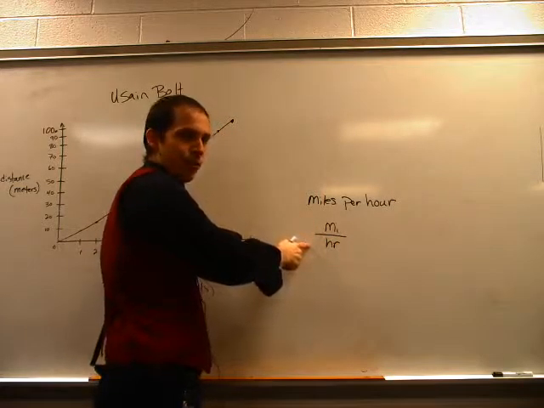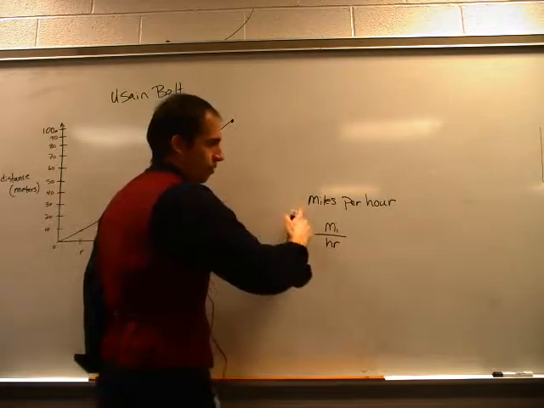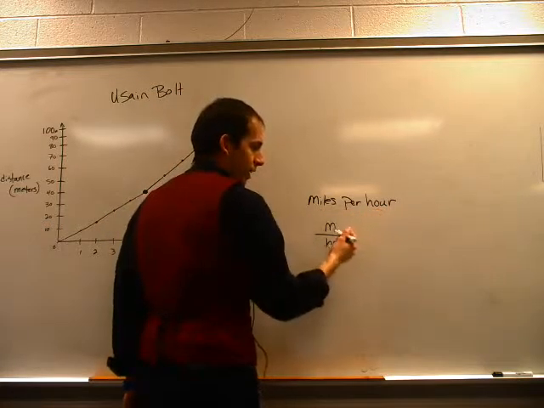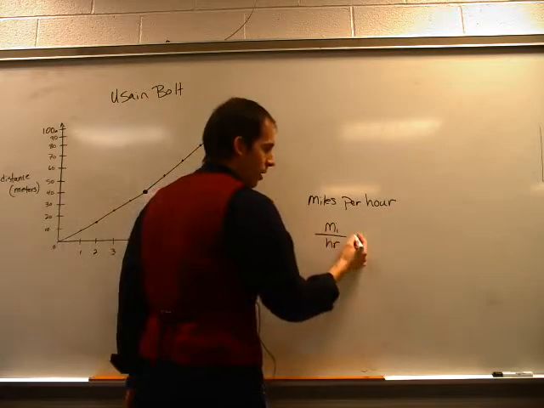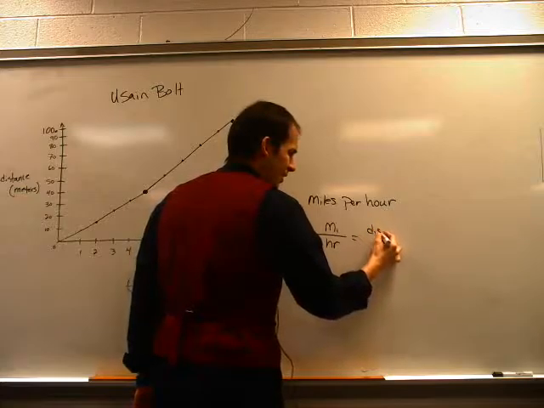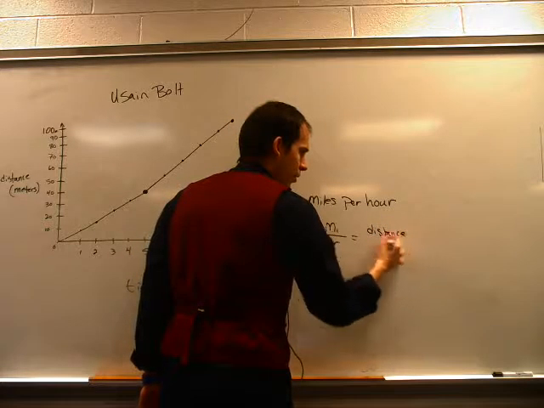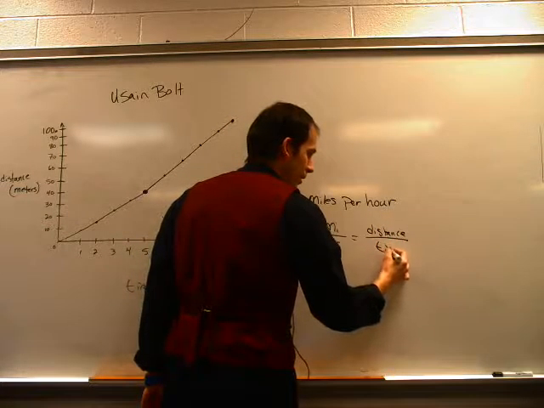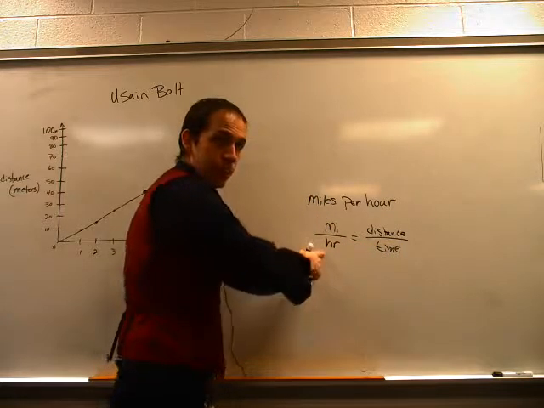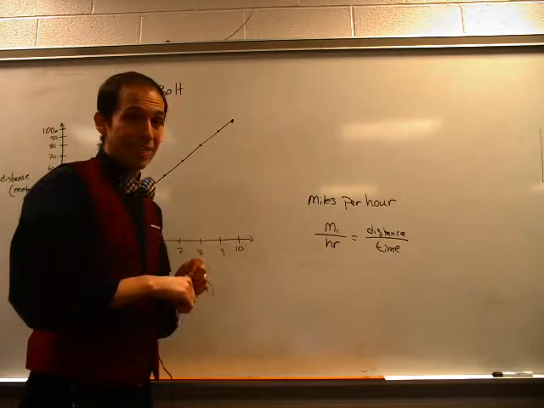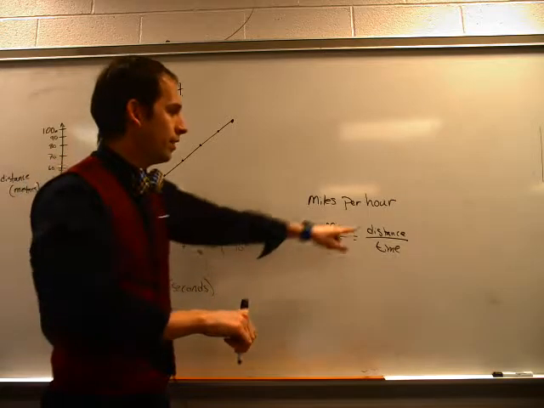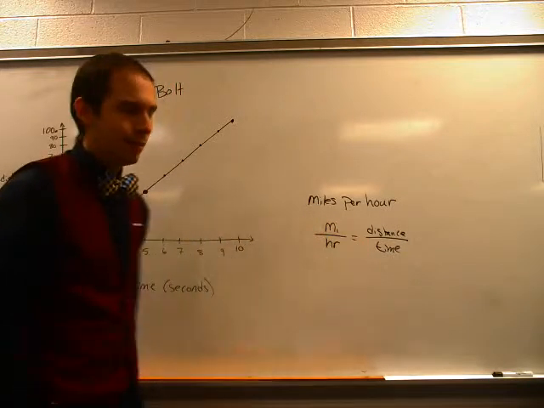We write it like this is a fraction. And what we see here is miles comes first, hour comes second, miles on top, hours on bottom. This is the distance in miles over the time in hours. And calculating speed is exactly like that. We're going to use distance divided by the amount of time it takes.